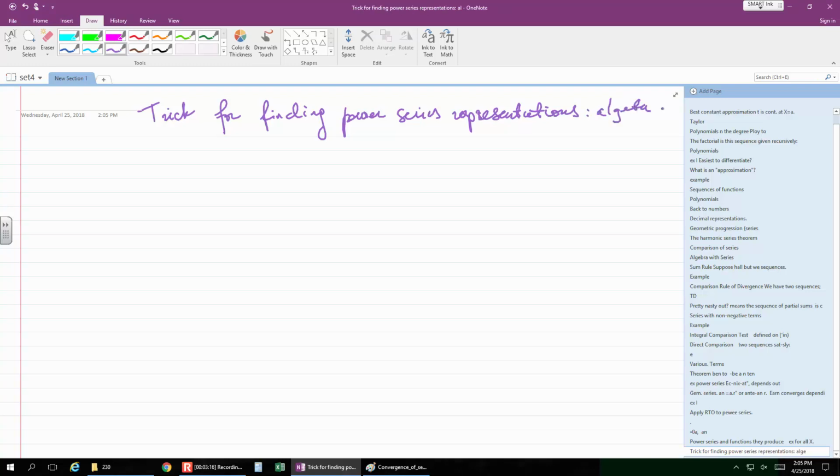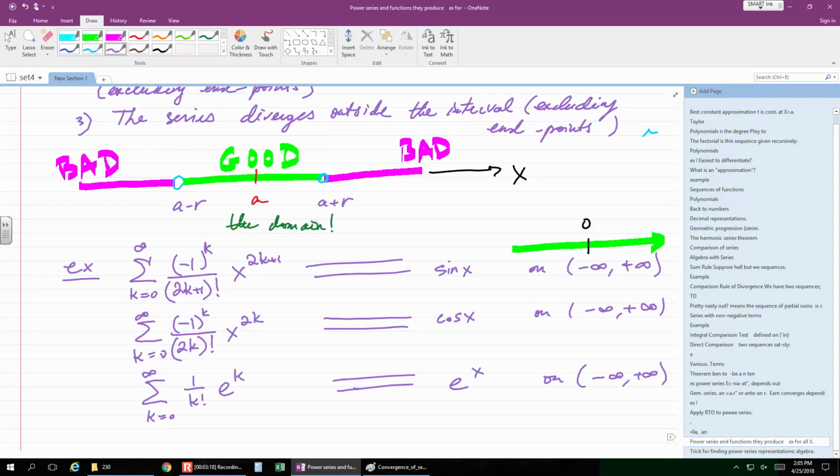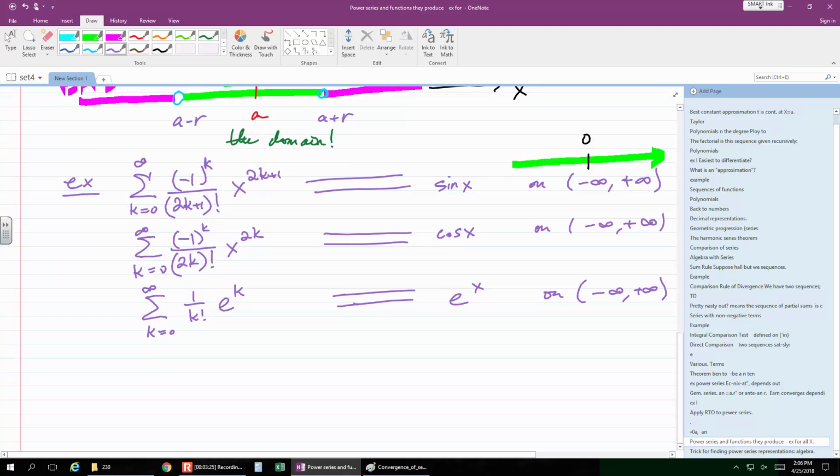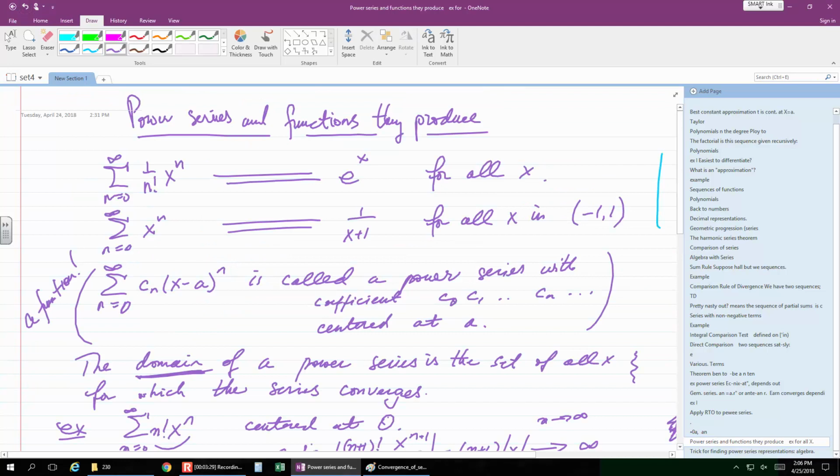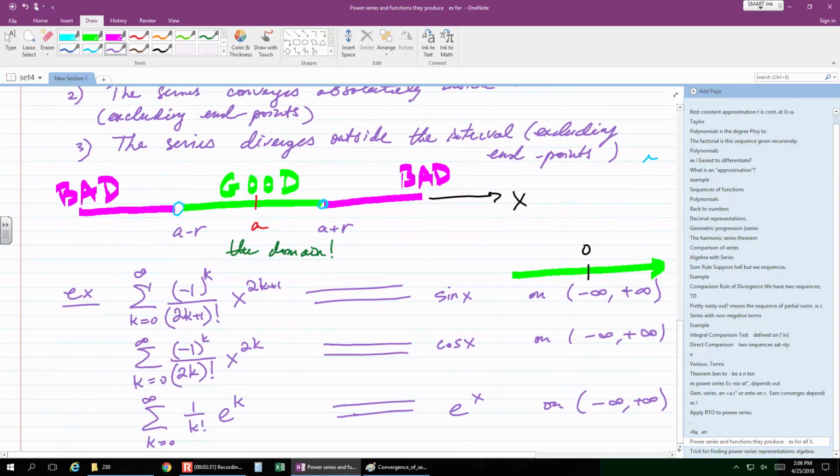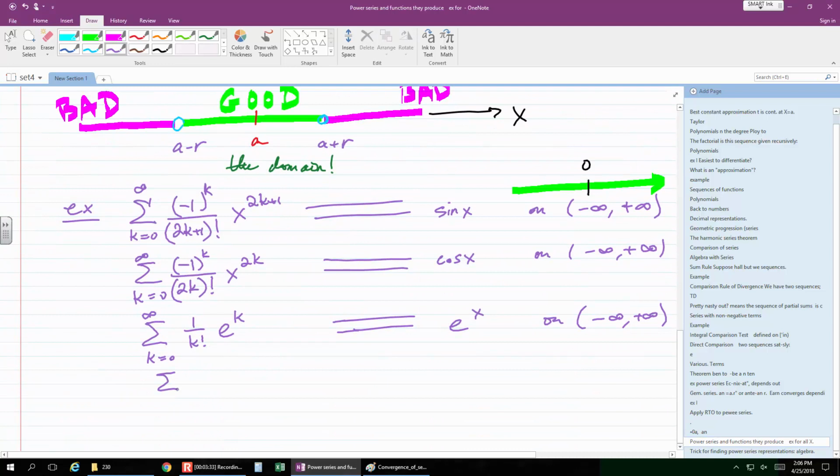So we have these three representations. We had one more, as a matter of fact, so for completeness of the list: the sum of (-x)^k, k from 0 to infinity, is equal to 1 over x plus 1, and this one converges on negative 1 to 1.